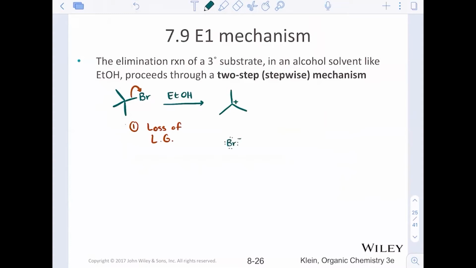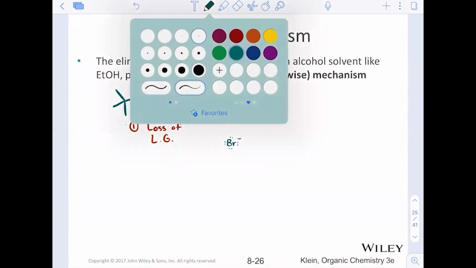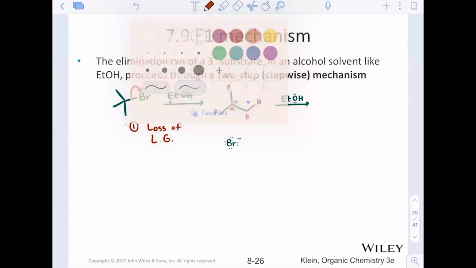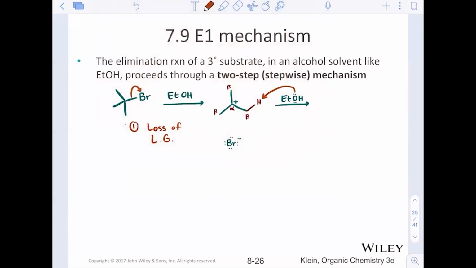That makes sense. And then what we want to establish for our E1 reaction is we have alpha and we have a variety of betas. All 3 of those carbons that are beta are identical. They're all identical. They're all methyls. So I'm just going to pull off 1. Excellent. And then ethanol will come and do the second step of our proton transfer.